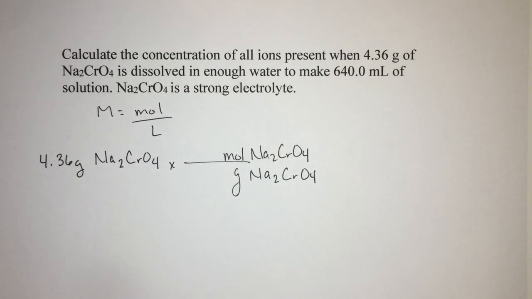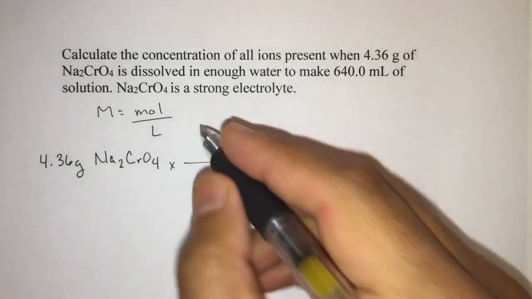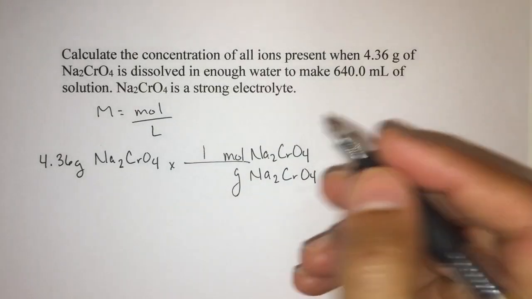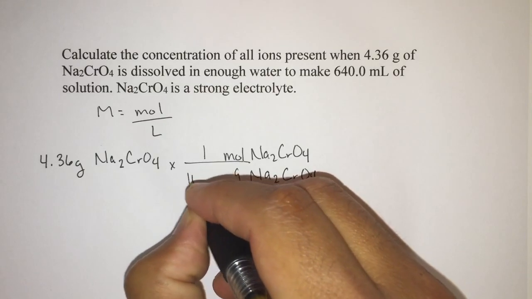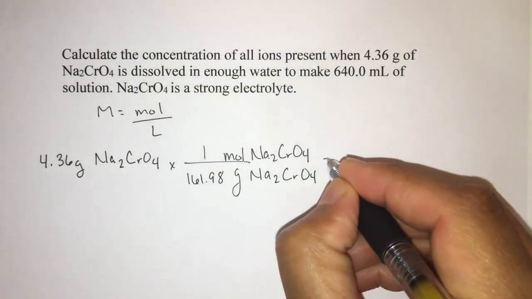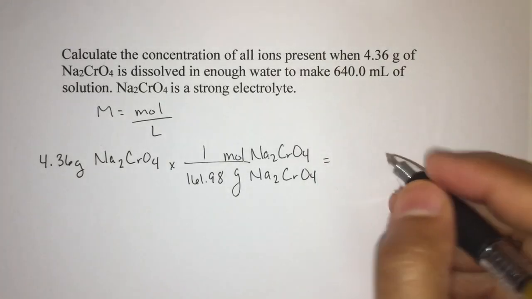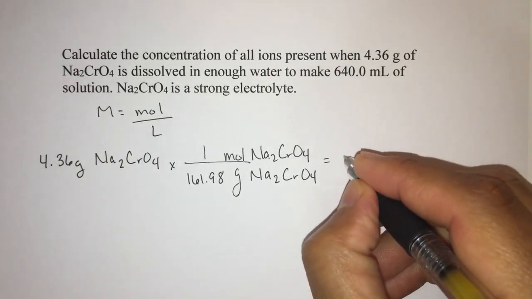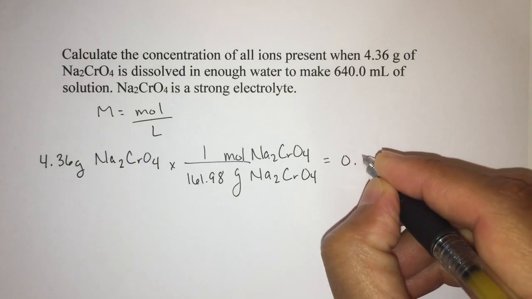Now, the molar mass here, grams per mole, 1 mole of sodium chromate is 161.98 grams. And so what we've done here is convert to the moles of the sodium chromate.